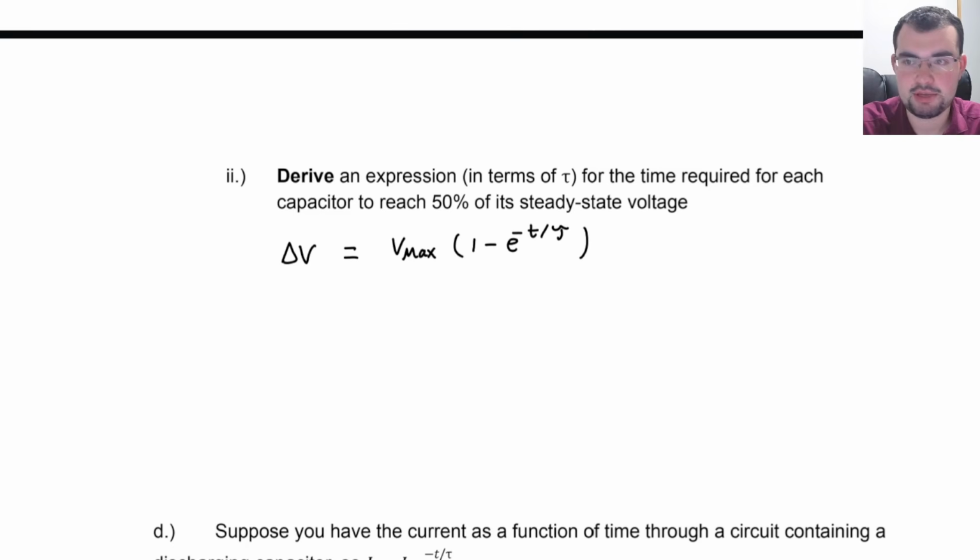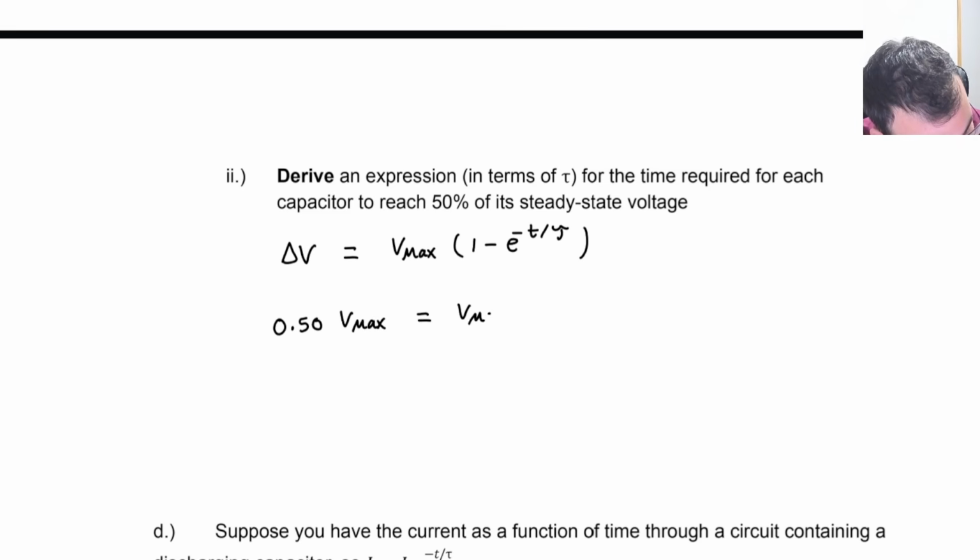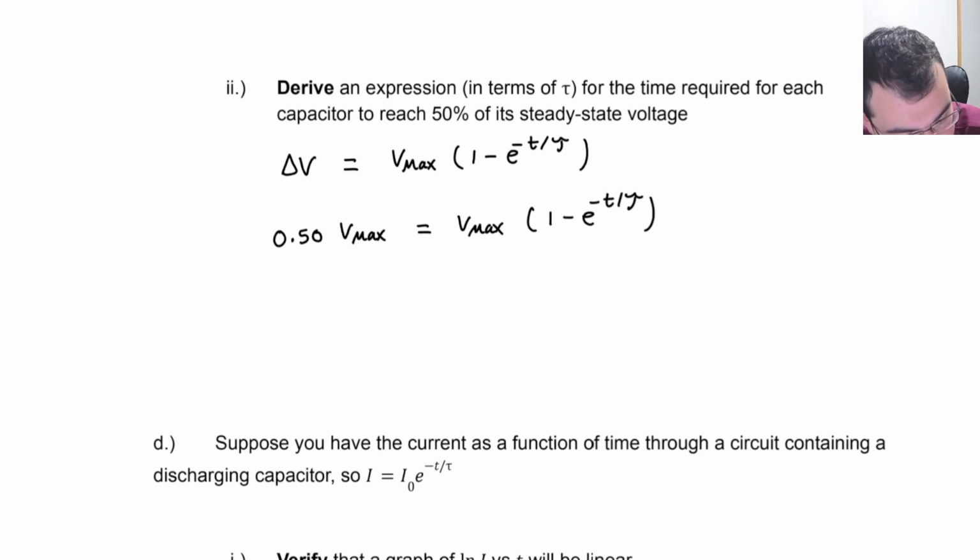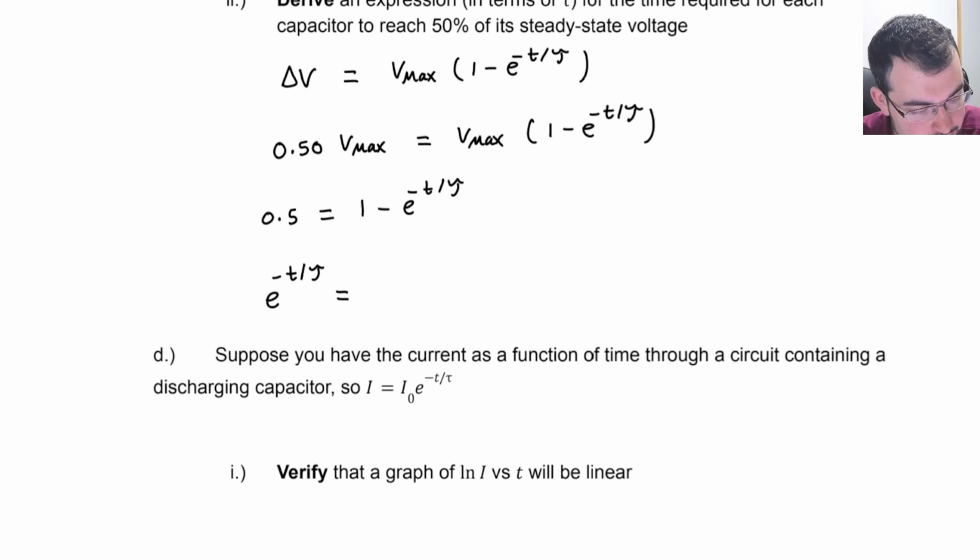All right, what does it mean to reach 50% of your steady state voltage? Well, that means delta V is 50% of V max. So this means 0.5 would be equal to 1 minus e to the negative t over tau. So e to the negative t over tau would be equal to 0.5.